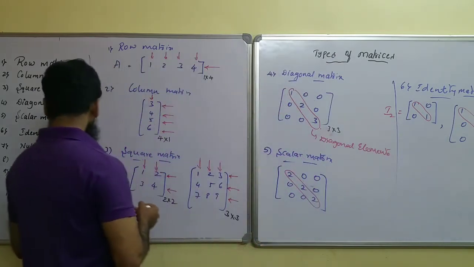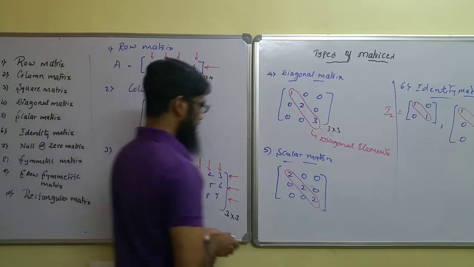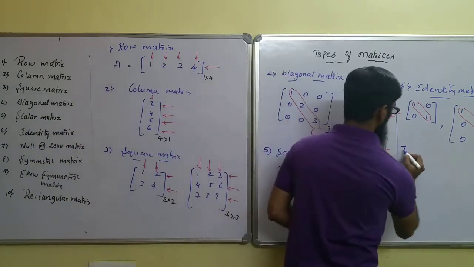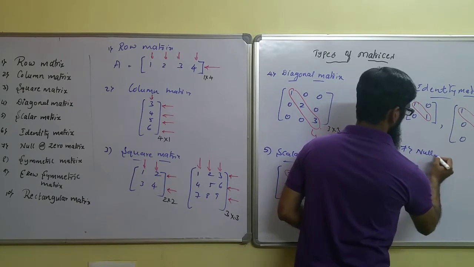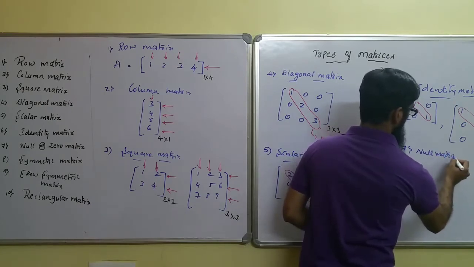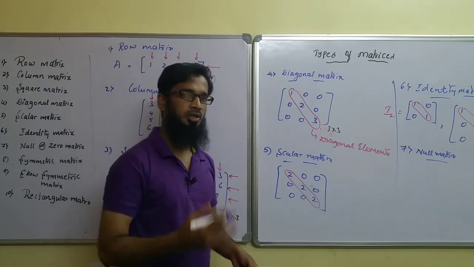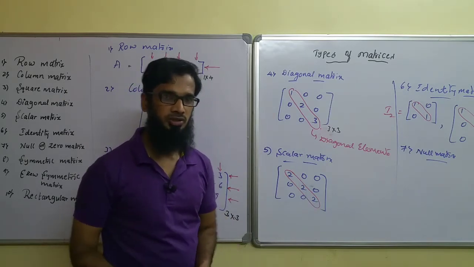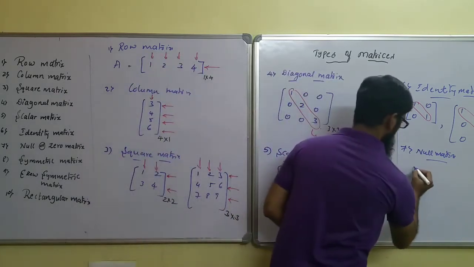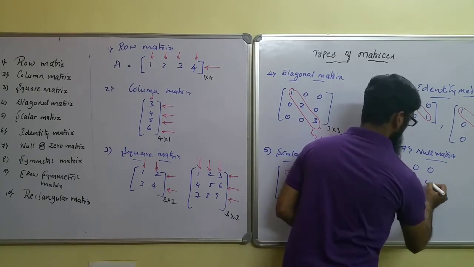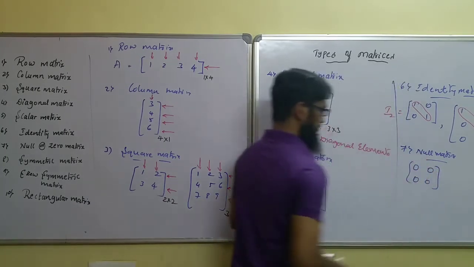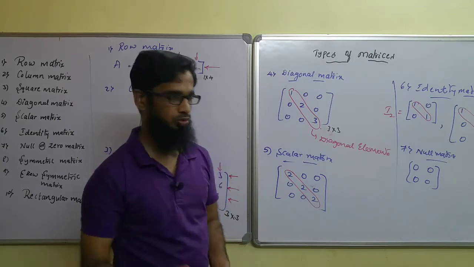Then the next one is the null matrix. The null matrix is nothing but a matrix in which all the elements are zeros. If you take the 2 cross 2 matrix 0 0 0 0, this is a null matrix of 2 cross 2.